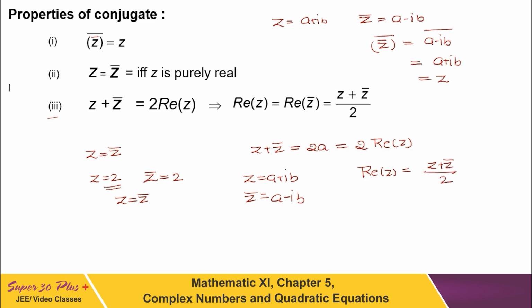And similarly we can write the real part of z bar, because the real part of z bar is also a, and is equal to z plus z bar upon 2, because from here we can find the value of a, and that is equal to z plus z bar whole upon 2. And a you can write as the real part of z or real part of z bar.